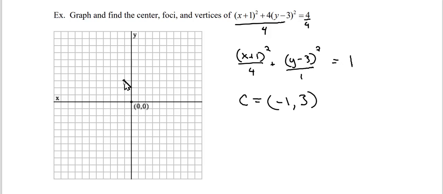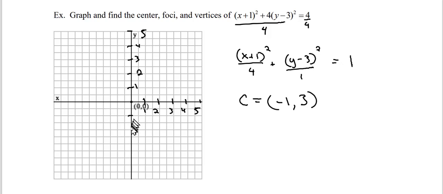Negative 1, 3 is here. You know what? I'm going to make my scale a little bigger just to give me a nice picture here. Let's call our scale 1/2. So this will be 1, 2, 3, 4, 5. We'll do the same, 1, 2, 3, 4, 5 here.